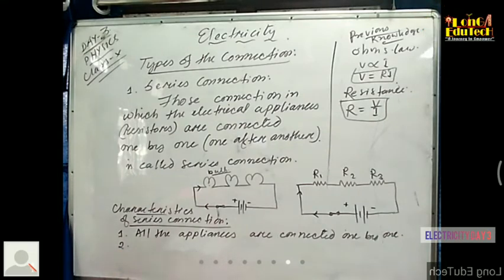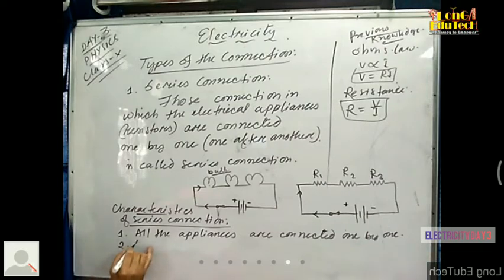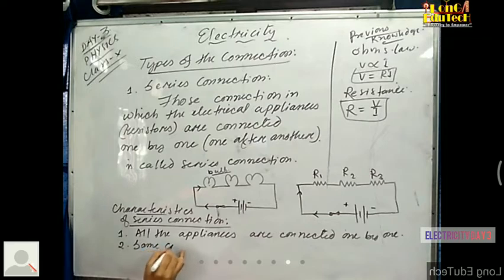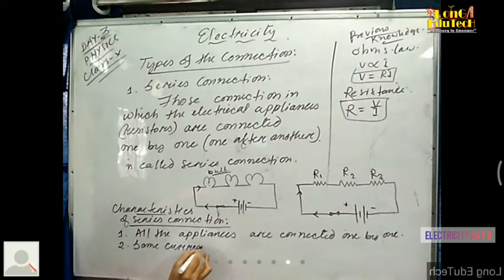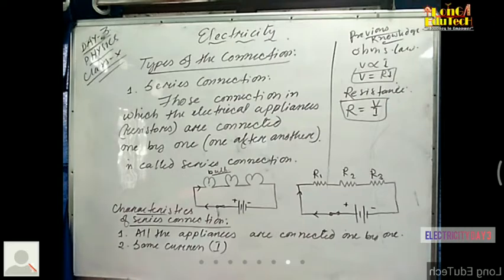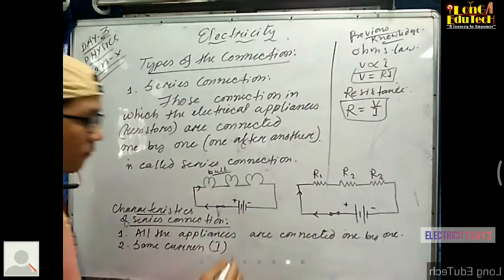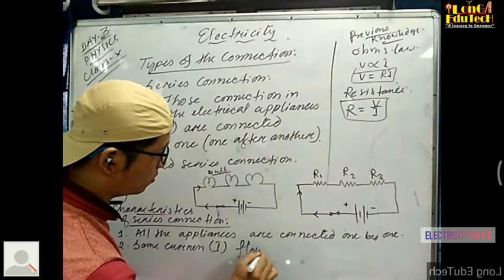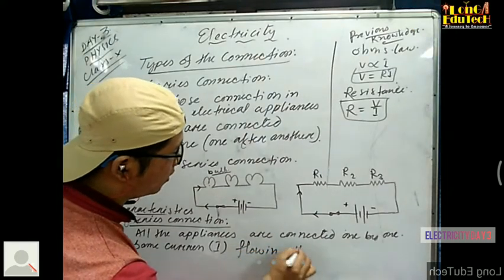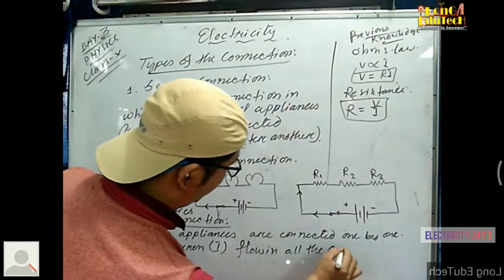In the second point, the same current I flows in all the appliances. We denote current by I, right? Same current I flows in all the appliances.